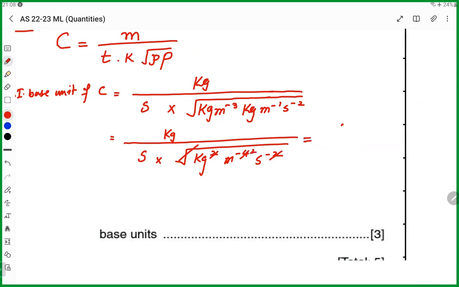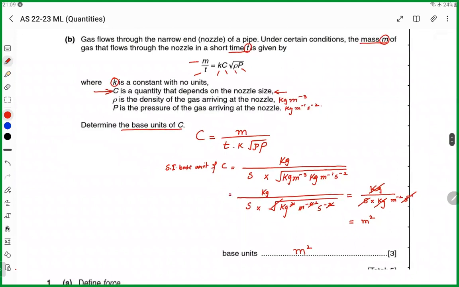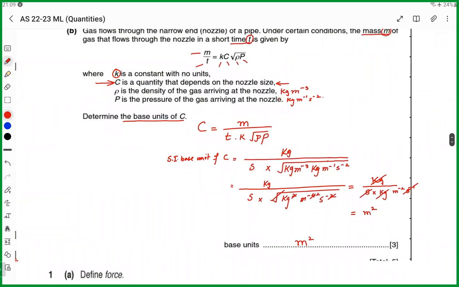So we will have now kg divided by s, another kg, m minus 2, and s minus 1. So I think you can see s minus 1 cancels with s, kg cancels with kg, and we have m square. So SI base unit will be m square. It is actually the area of the nozzle. That is why it depends on the size of the nozzle.